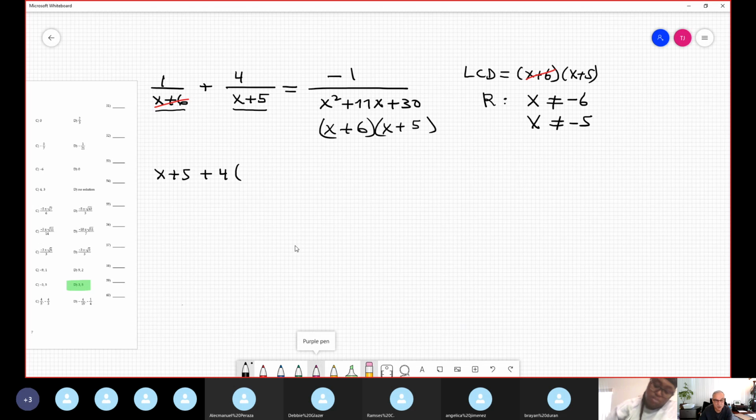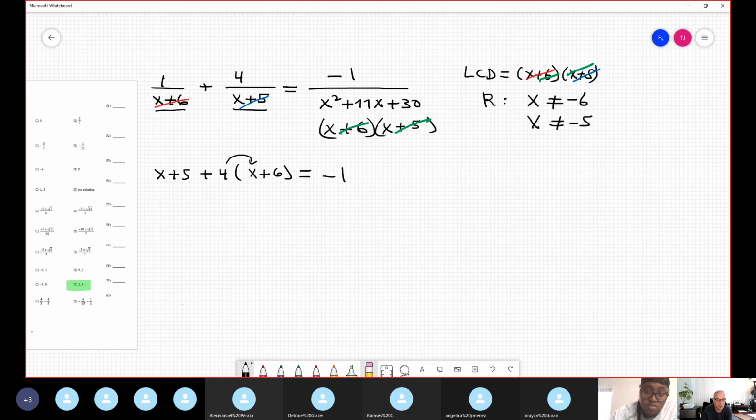And the second multiplication, the x plus 5 cancels and stays only x plus 6 equal. Wow. And the last one, everything is cancelled. Look. And stay only -1. Wow, easy equation.